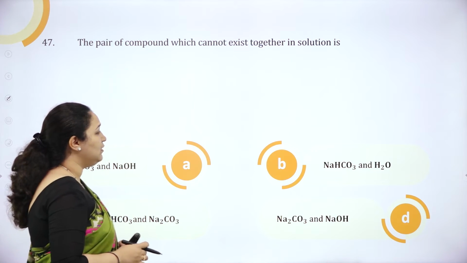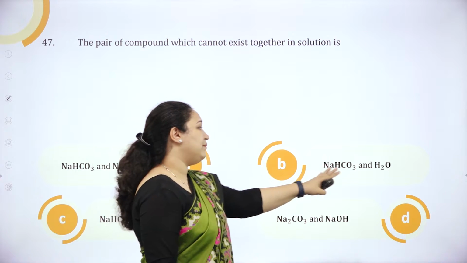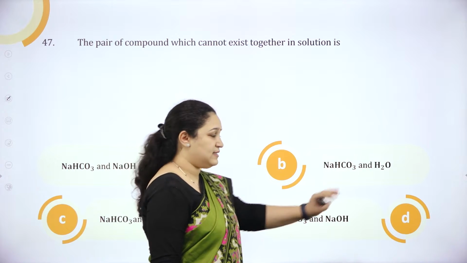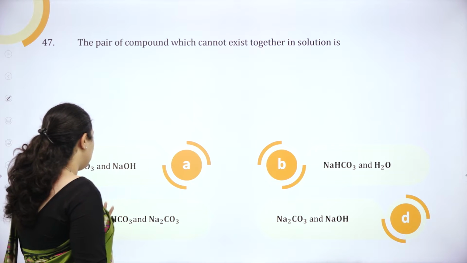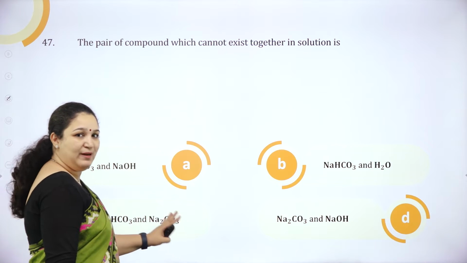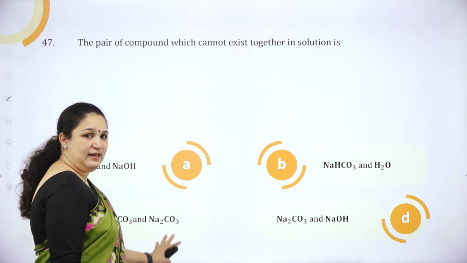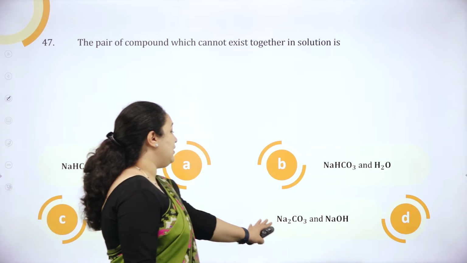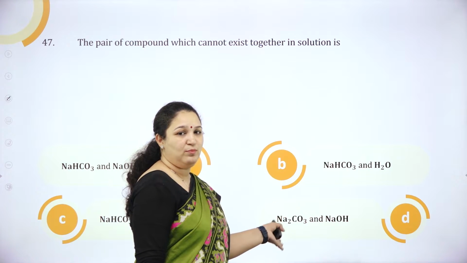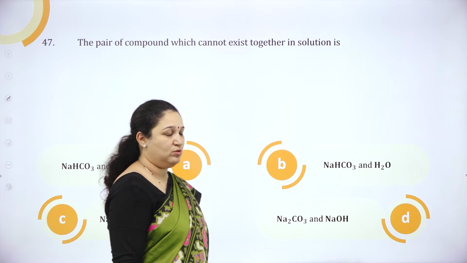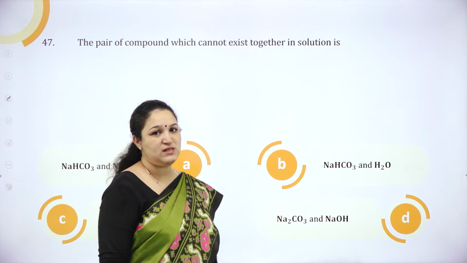Correct? Here, bicarbonate and water can exist. Sodium bicarbonate with sodium carbonate, both can exist together. Sodium carbonate and sodium hydroxide, both again can exist together because one is neutral and one is basic.